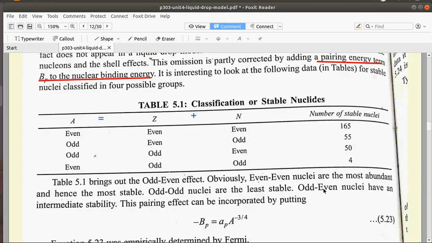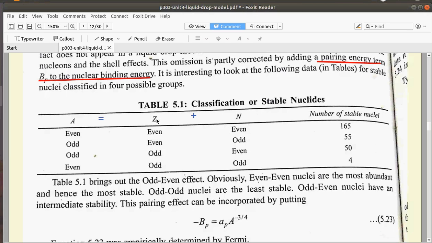So this is basically the experimentally observed behavior. Here it says A is even, meaning the total number of nucleons is even, for example 2, 4, 6, 8, 10, 20, any even number.